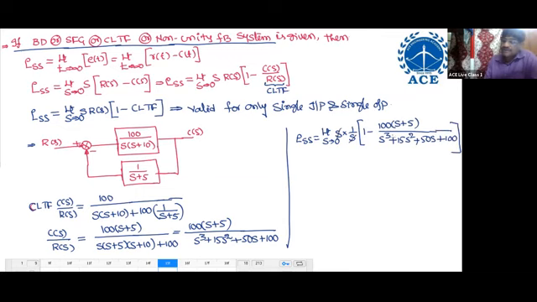The s's cancel. s tends to 0, substitute 0. That means you are getting 1 minus 100 into 5 by 100. 1 minus 5 means minus 4. Same answer you will get. Same steady state error you will get.